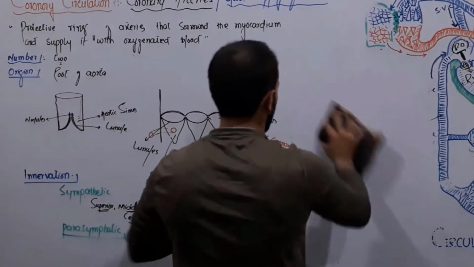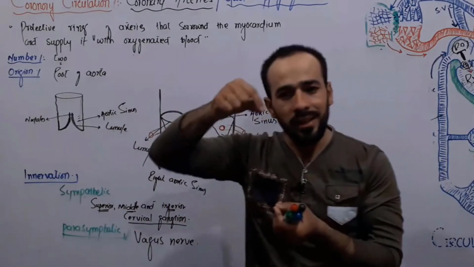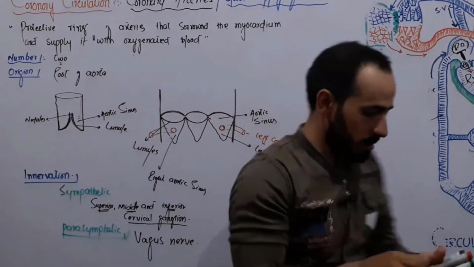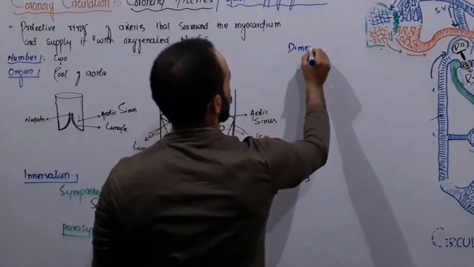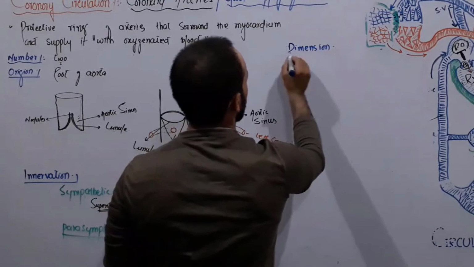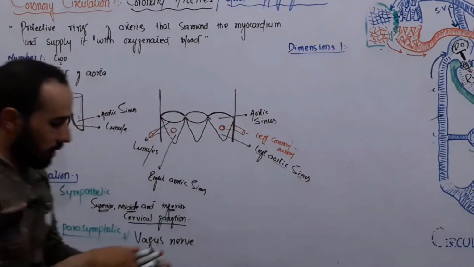Now let's move towards some dimensions of these arteries. Let's explain the lengths and the diameters. Right? So let me explain some dimensions so that it will be easier for us to learn more about the coronary arteries.